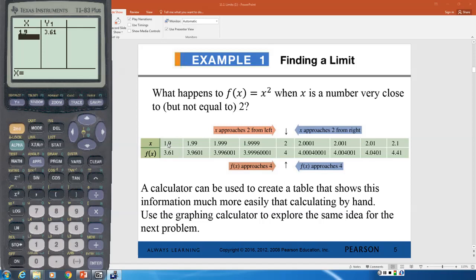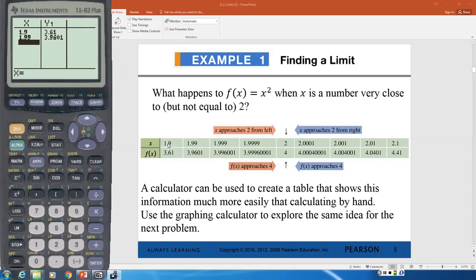Now that's close, but we could get closer. We could go from 1.9 and move a little closer to 2 by going to 1.99. Okay? Well, 1.99 squared is 3.9601. So 1.99 is closer.